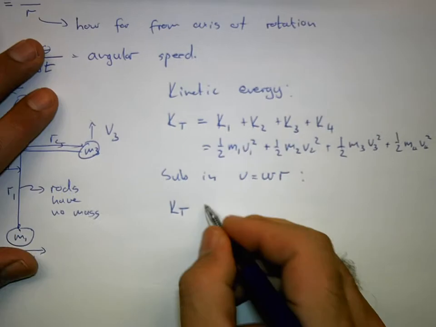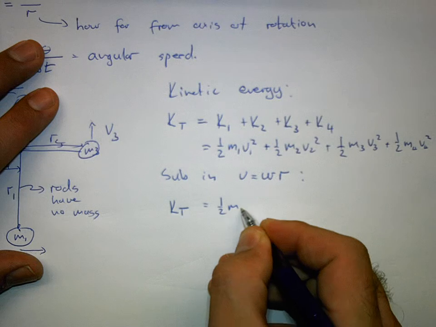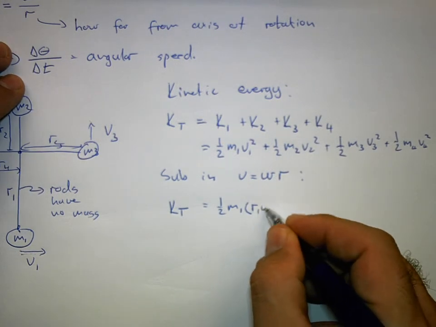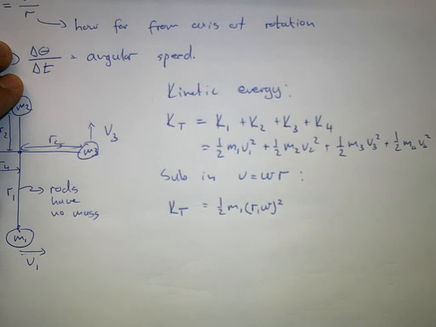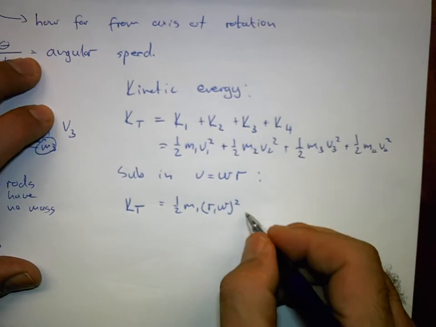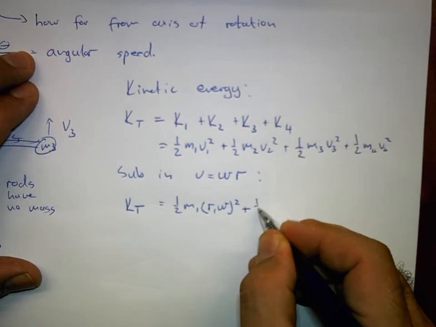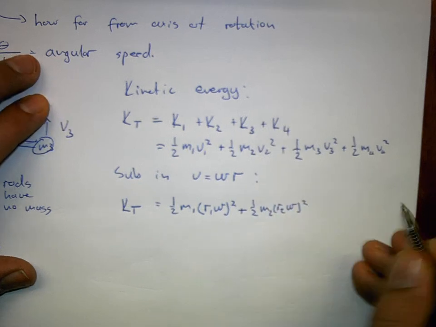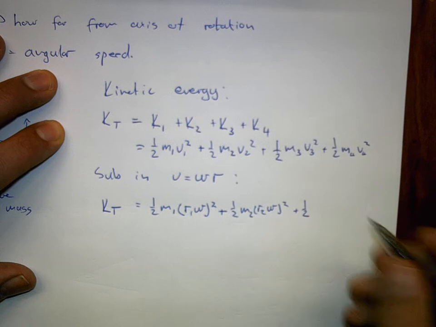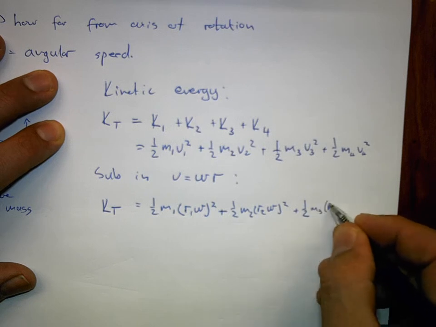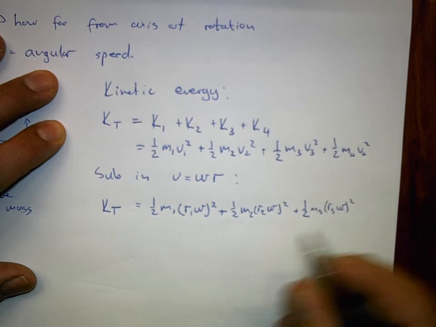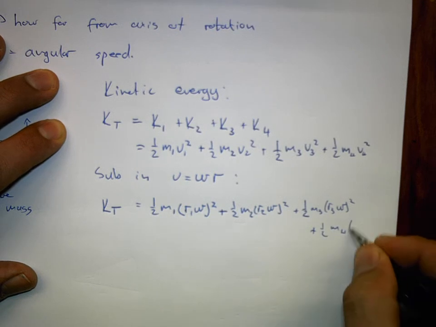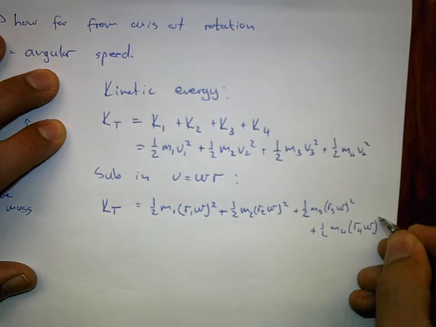So you get this is equal to a half m1 r1 omega squared plus a half m2 r2 omega squared plus a half m3 r3 omega squared plus a half m4 r4 omega squared.